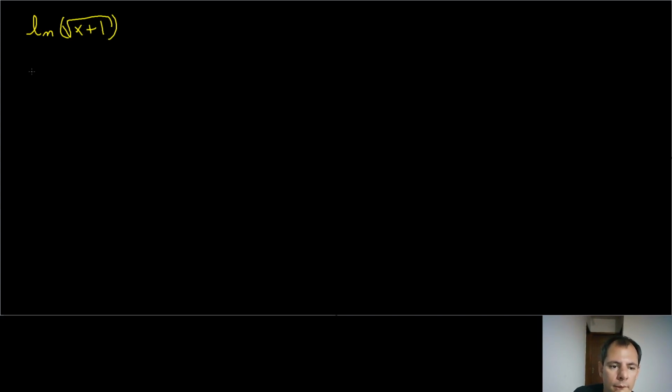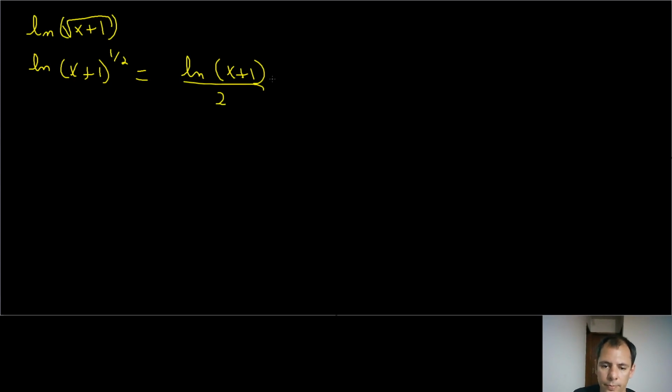It's the same thing as ln of x plus 1 to the 1/2, right? Now, there's a property in logarithms that if it's the log of something to the power of something, you can get this power over here. You can multiply it. So this equals ln of x plus 1 times half, which is just divided by 2.